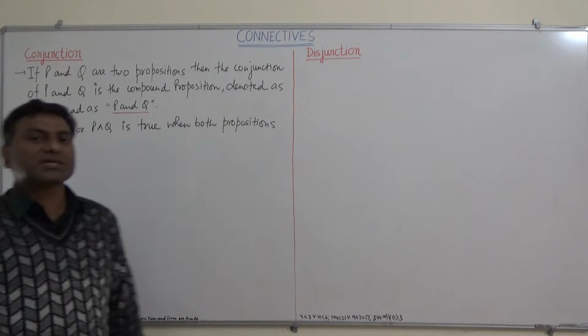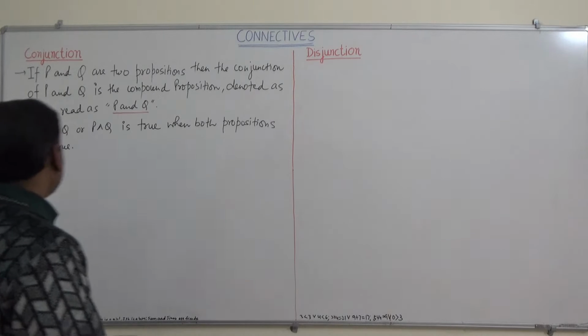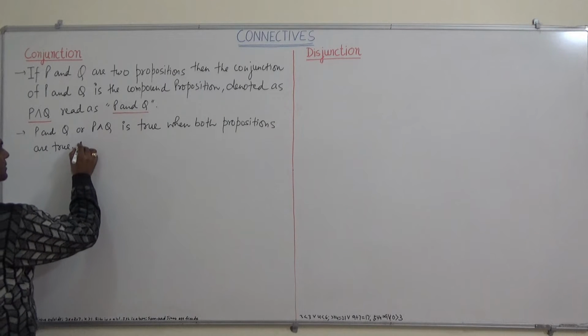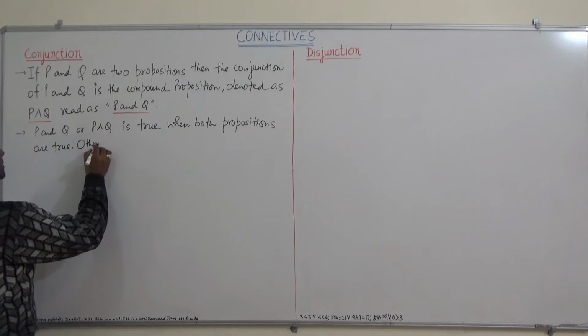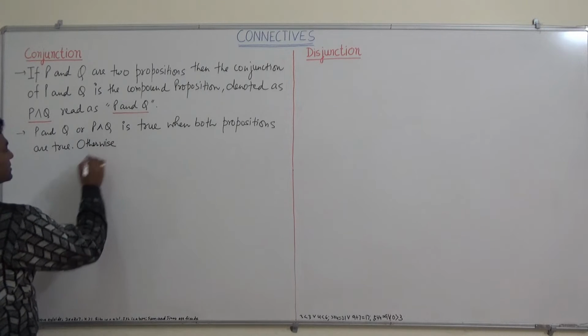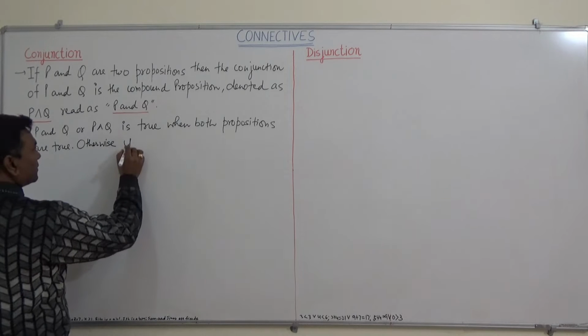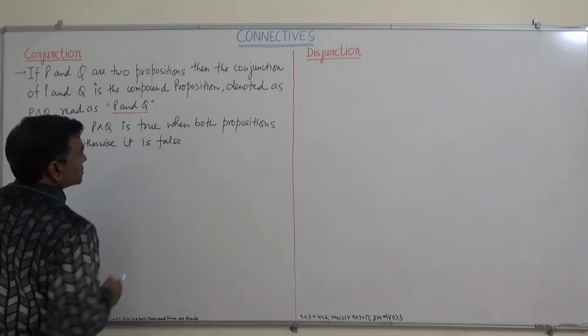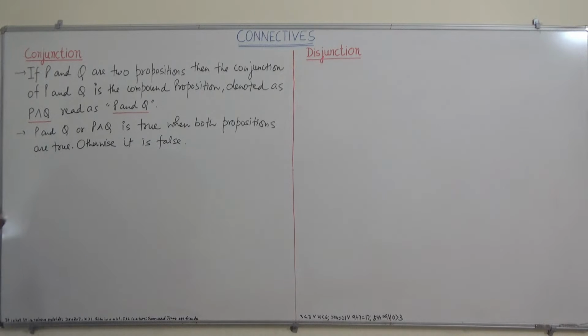When both the propositions are true, then it is true. Otherwise it is false. So let us see its truth table.